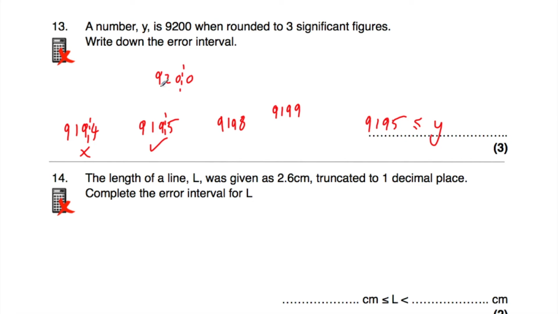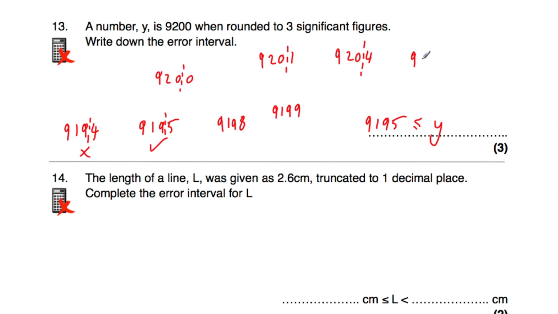And then in terms of our upper bound, let's consider the numbers above 9,200 and see which ones would round to 9,200 to 3 significant figures. So it could be 9,201. If we round that to 3 significant figures, it'd be 9,200. It could be 9,204. If we round that to 3 significant figures, again it would be 9,200.